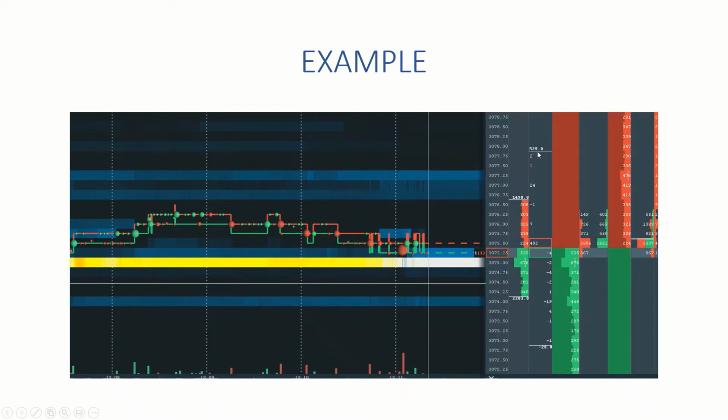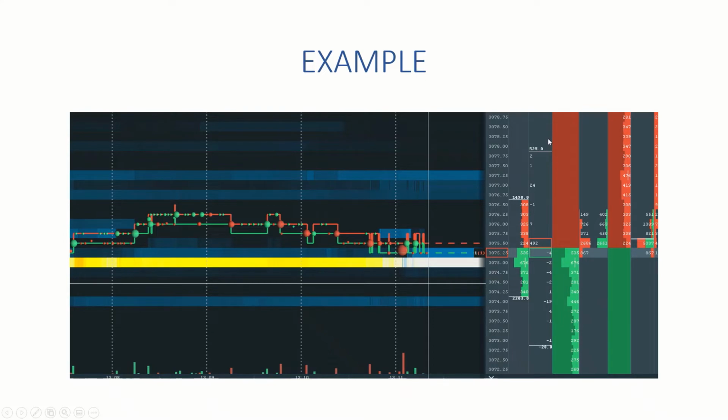So I like to see these numbers being generally above 350. There's a little bit of an art to it. That's something you're going to have to practice until you can see it coming into play over and over again.